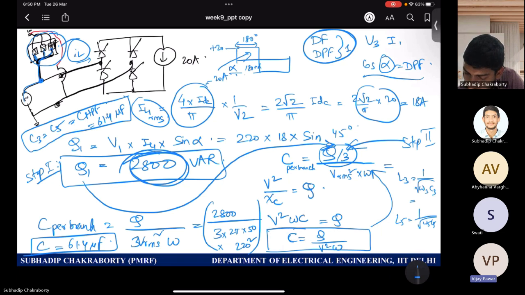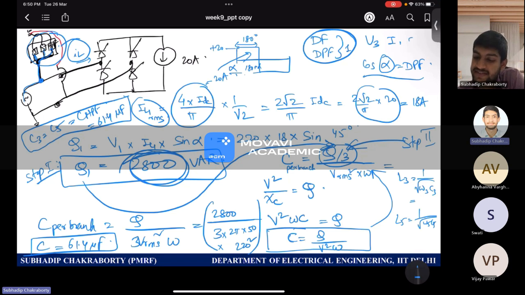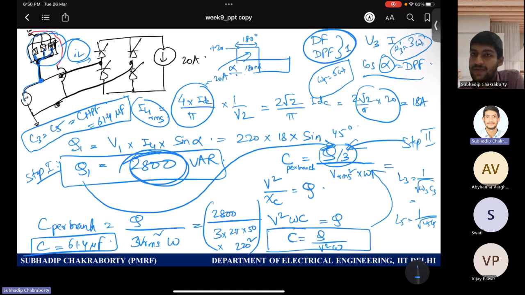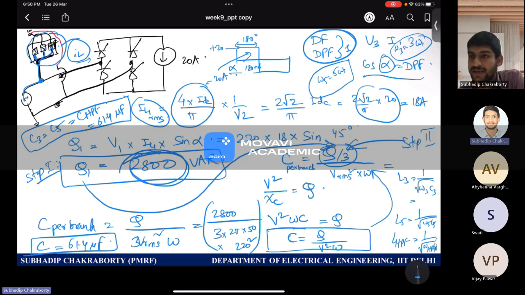Sir, omega 3 is 2 pi into 50? No. Omega 3 means third harmonic omega, so it is 3 times omega 1. And omega 5 is 5 times omega 1, the fifth harmonic angular frequency, right? And LHPF is 1 by root omega HPF into CHPF, as you can understand.